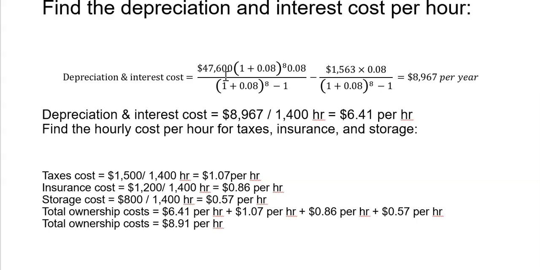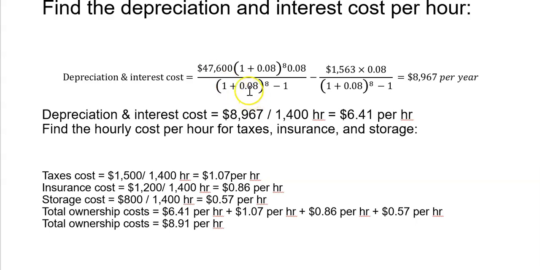Then you have to deduct the tire cost from the purchase price, and the result of that deduction will be the number that you use in this formula. You can go ahead and review page 96 to better know that, for example, in that example, the actual price is 52,100, and the number here is 47,600, which is the result of the deduction of tire cost from the actual cost.